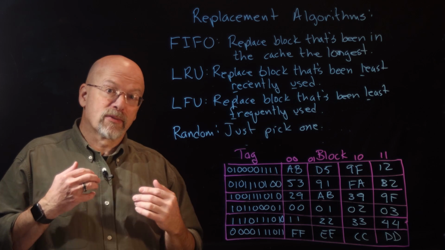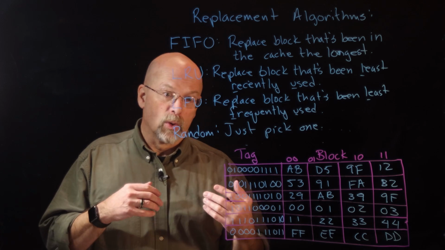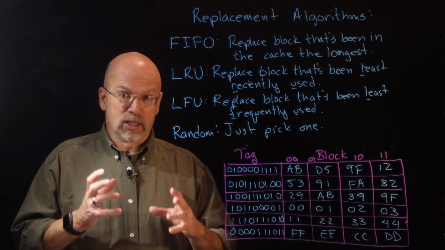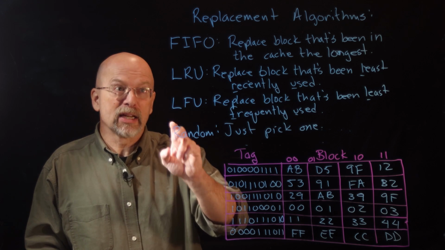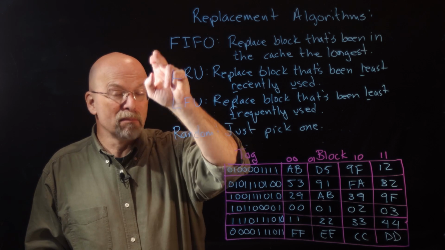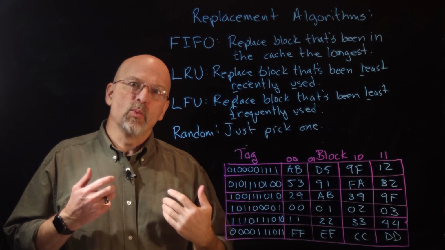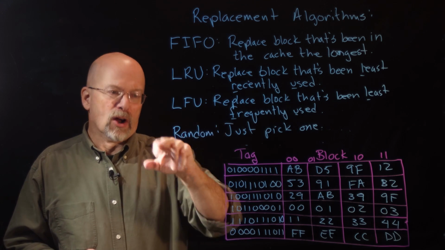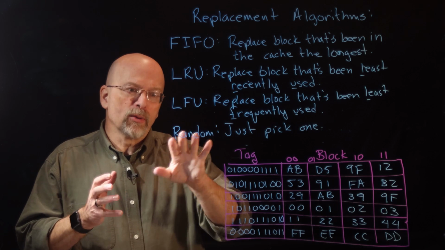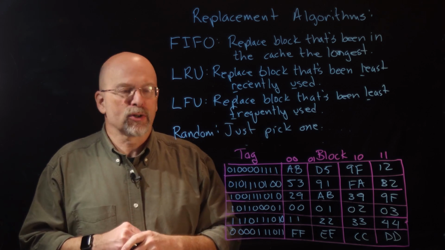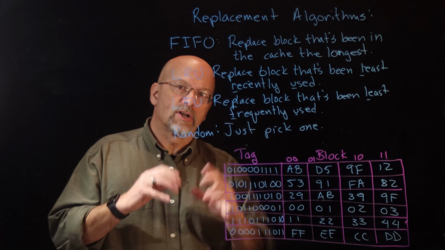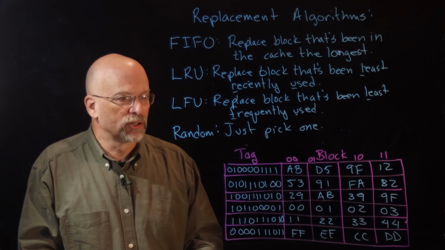So if you've got a device like a cell phone or an IoT device that's running on a battery, maybe it'd be a good idea to pick random because you're not necessarily going to get much lower performance, but you will save on power. It also is cheaper. If that's the only replacement algorithm that you've got in your device, it's cheaper because it'll take fewer transistors or use transistors that are already being dedicated to that same function.